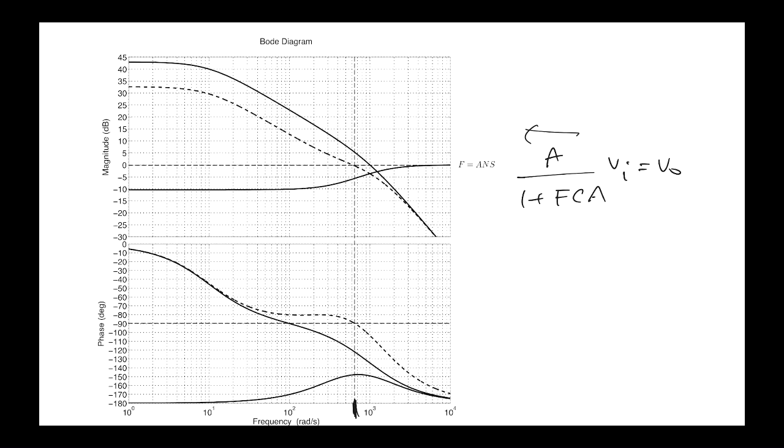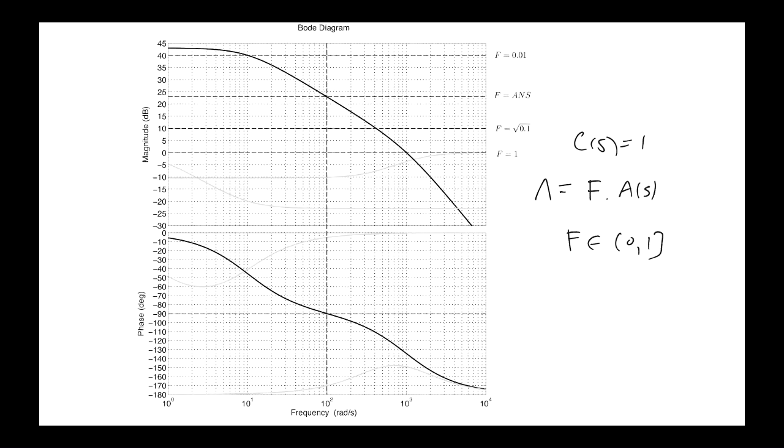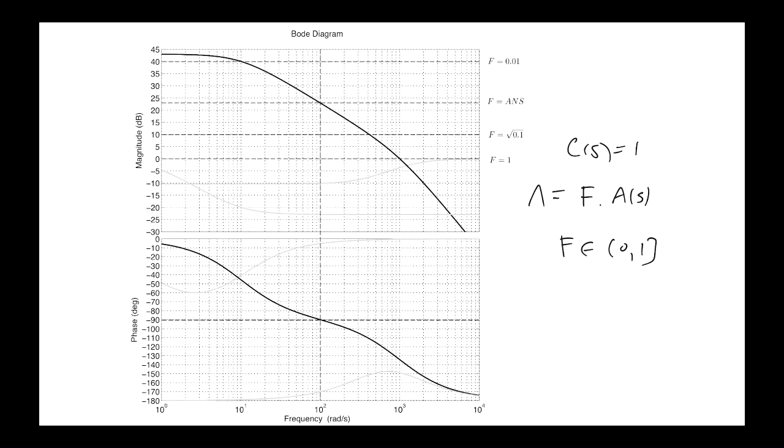It's not helping you achieve anything useful. And relative to what happens when you have no compensation at all to get the 90 degrees phase margin, the lag compensator is not moving it much relative to what you can get without any additional compensation at all. So why would you put it in there? So the point is that the lead compensator is allowing you to get a wider bandwidth amplifier.